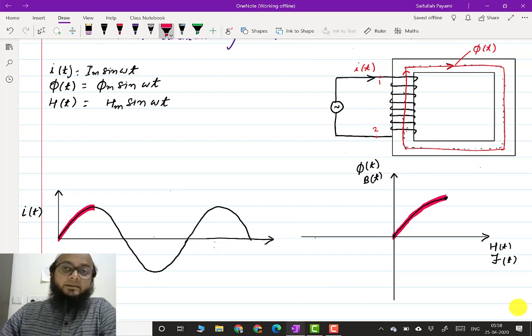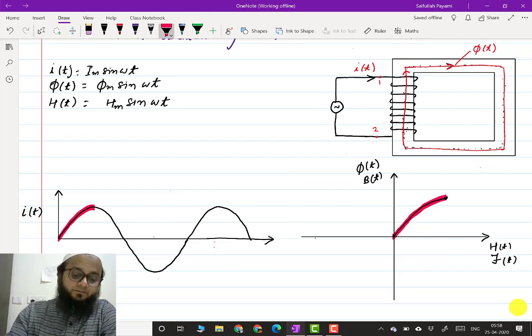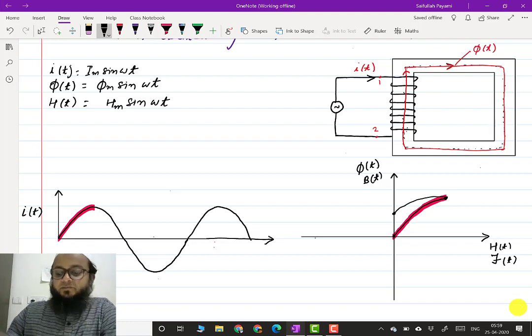The current is now decreasing, so that means H is also decreasing in nature now. But as we have discussed before, the flux in the core won't trace the previous path.